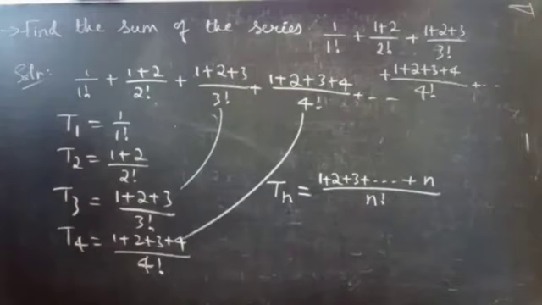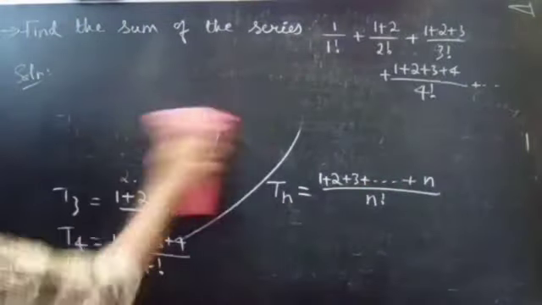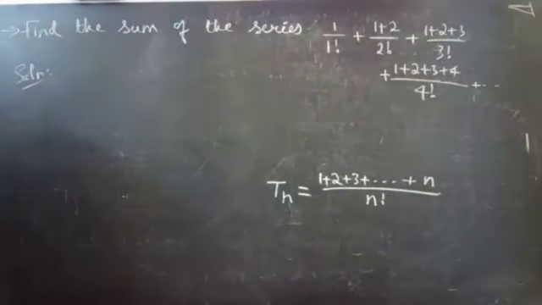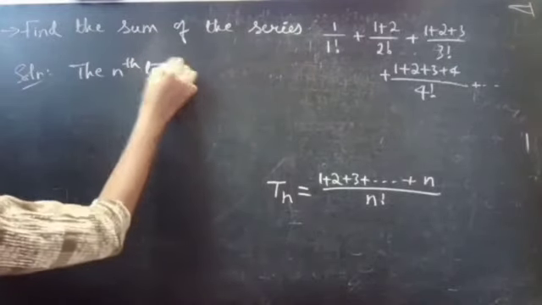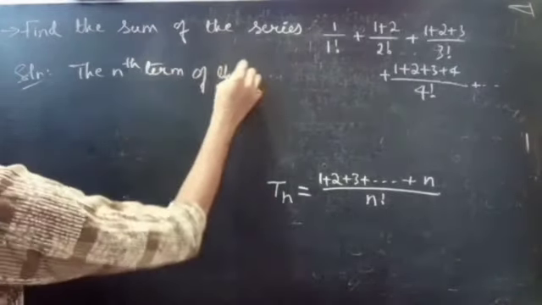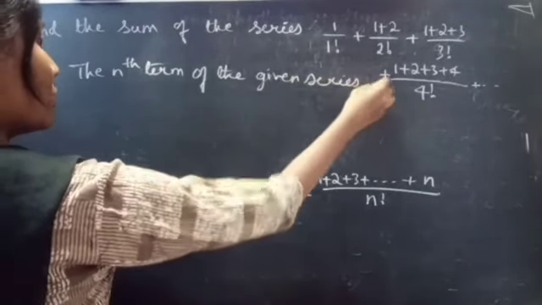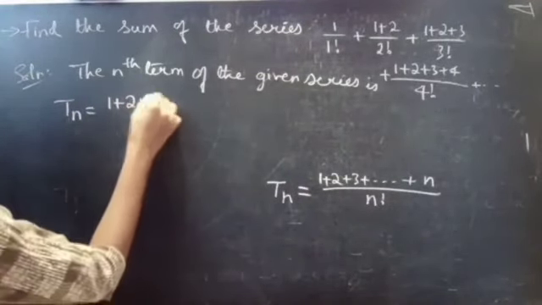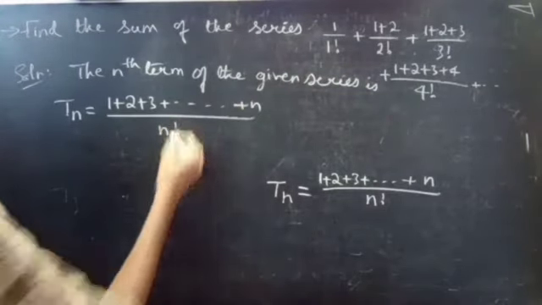So the nth term of the given series is Tn equals 1 plus 2 plus 3 plus so on plus n by n factorial.